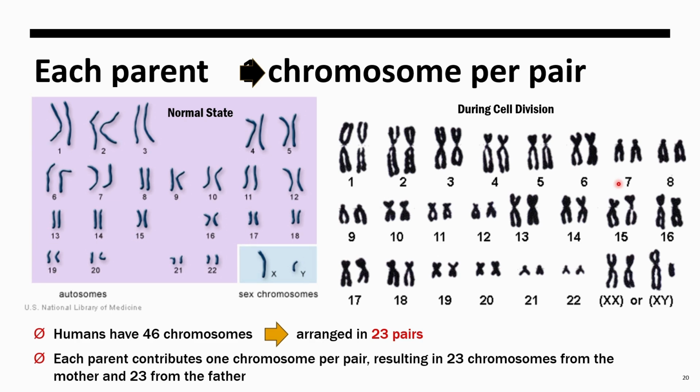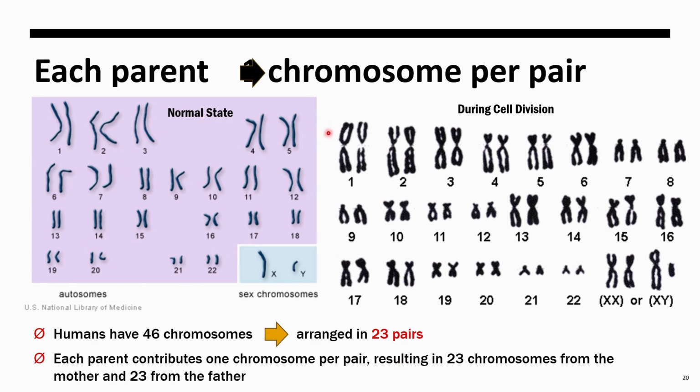So how many chromosomes does a human normally have? If you get 23 chromosomes from mother and 23 chromosomes from father, that means humans usually have 46 chromosomes, or 23 pairs of chromosomes. These 46 chromosomes usually arrange in pairs. So each parent contributes one chromosome to the pair.